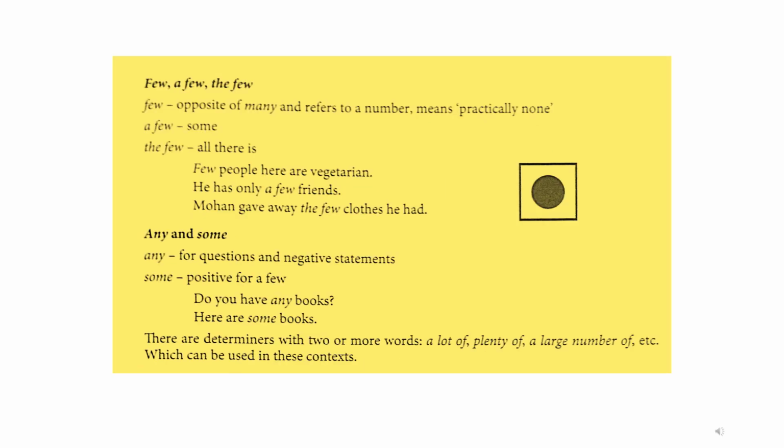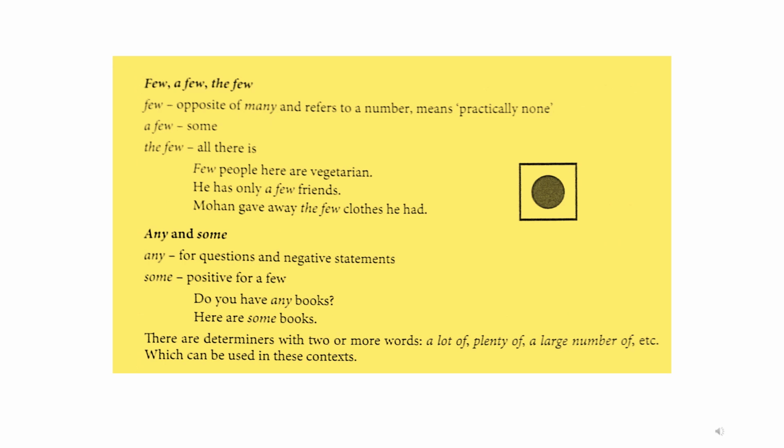Next, the uses of few, a few, the few. Few means the opposite of many and refers to a number. It means practically none. As we already said, many usually refers to a number, but few is just the opposite of that, meaning none.